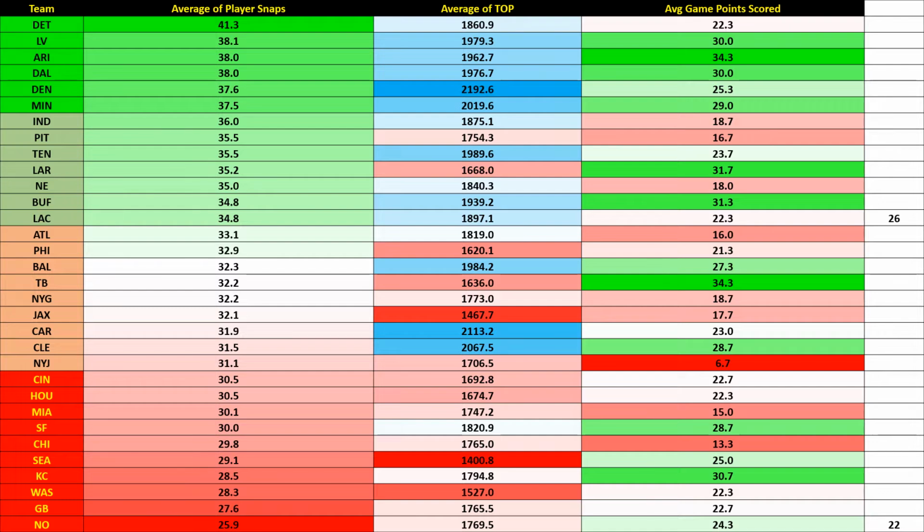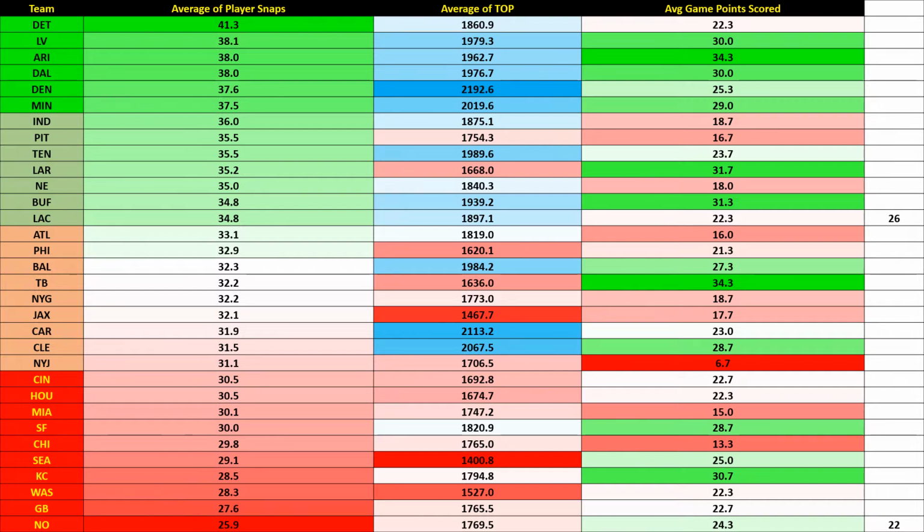So there's a lot of activity going on there. The opposite end are in red, and these are teams that players have had on average fewer snaps. Again, that's all players. There's obviously going to be a pecking order within positions, and we'll get to that.